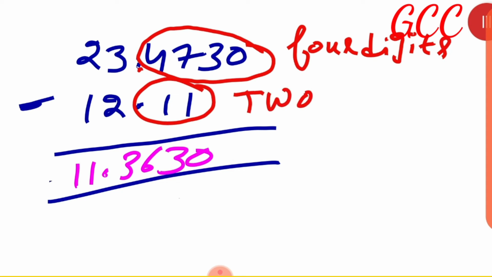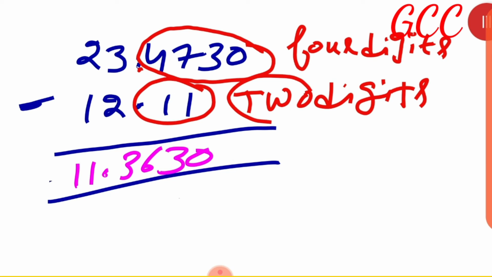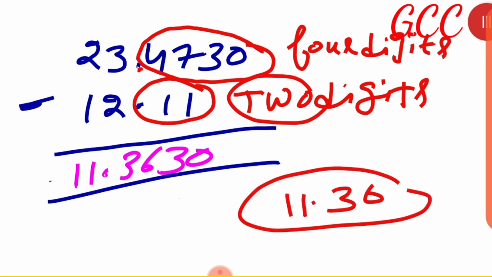Total 2 digits. Okay, now which one is the least one? 2 is the least. The answer will be 11.36. Means after decimal there should be only 2 digits. 11.36.